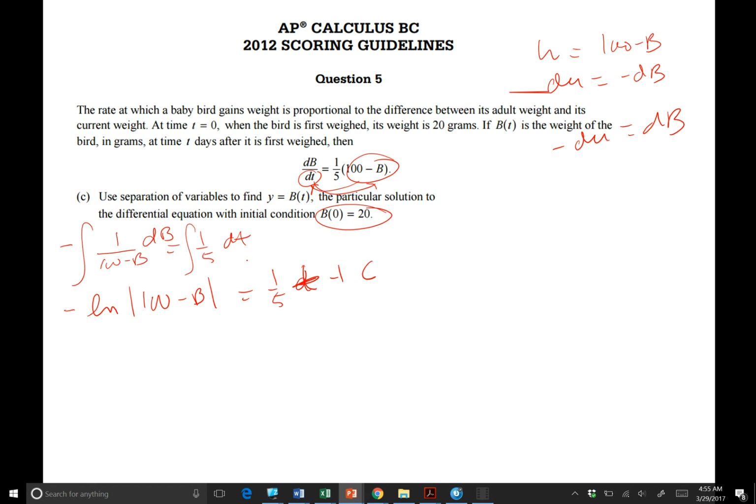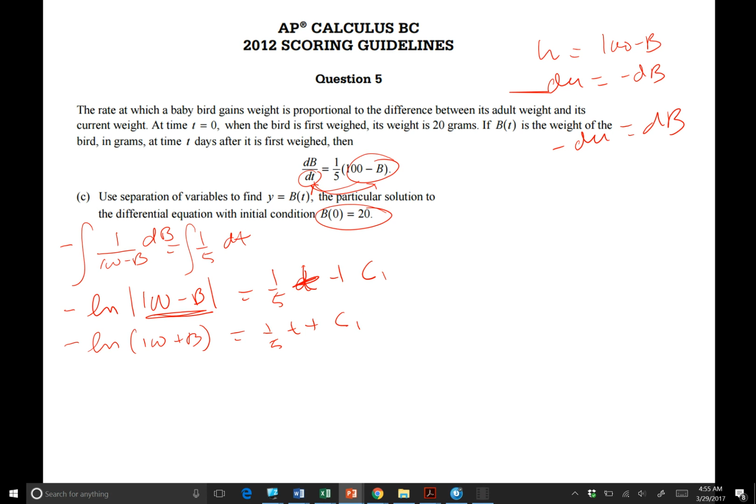Then I know that because we looked at it in part B, this in here has to be between 20 and 100, so these would always be positive. So I'm going to drop my absolute value bars. Negative natural log of 100 minus b equals 1/5 t plus c. Actually, I'm going to go with c sub 1.